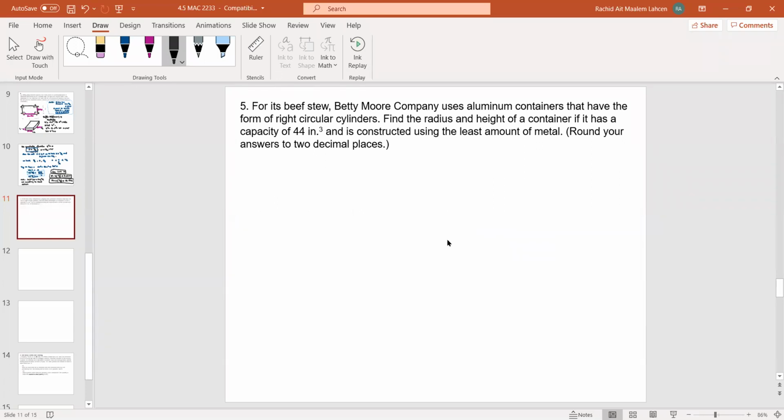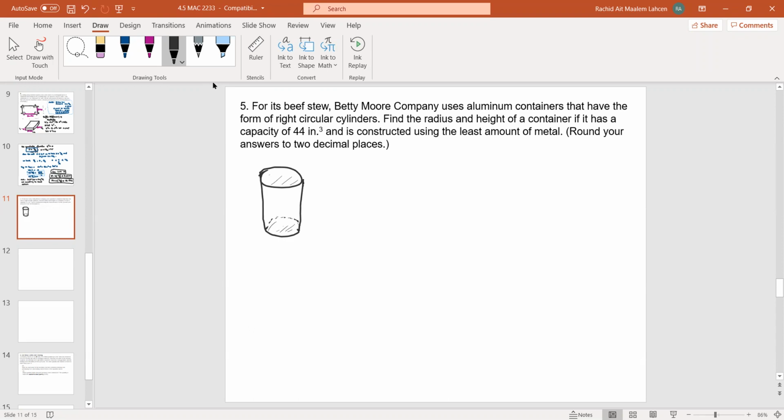Another example. This company uses aluminum containers that have the form of a right circular cylinder, so that should stand for a cylinder that has, you know, two circular tops here.